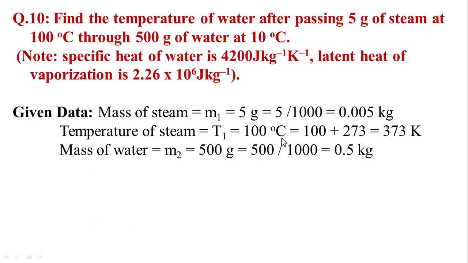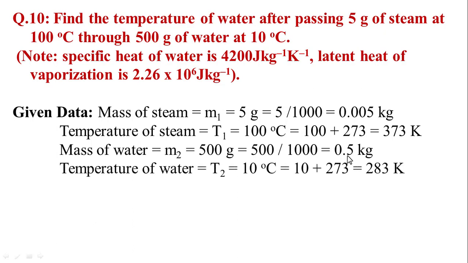Then 500 divided by 1000 is equal to 0.5 kg, and temperature of water T2 is equal to 10 Celsius. Then 10 plus 273 is equal to 283 Kelvin.